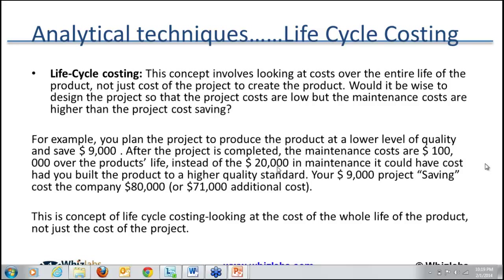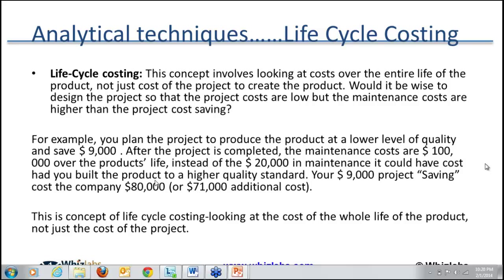To save 20,000, you must have got a benefit of 9,000 at the initial level, when the project has ended. But post project, there are lots of maintenance issues, which have cost the company 100,000. So that means if the 20,000 would have been invested, the company would have saved at least 80,000.